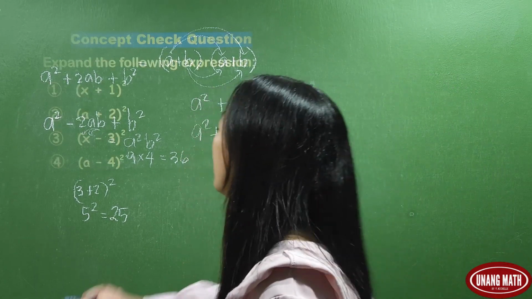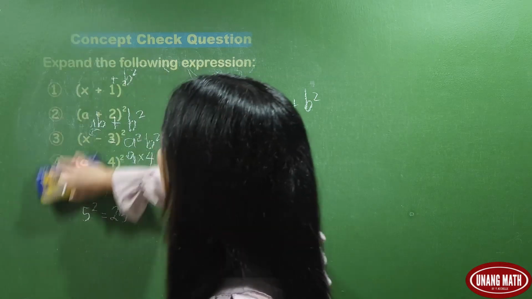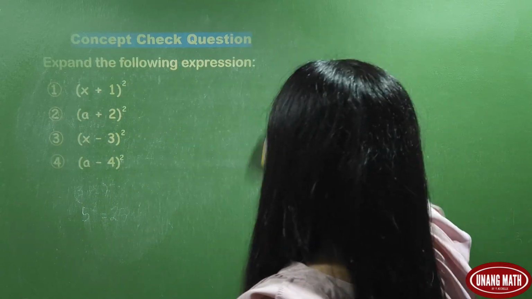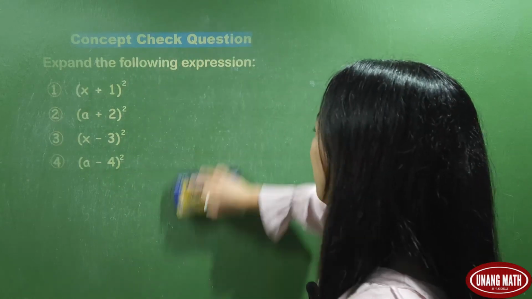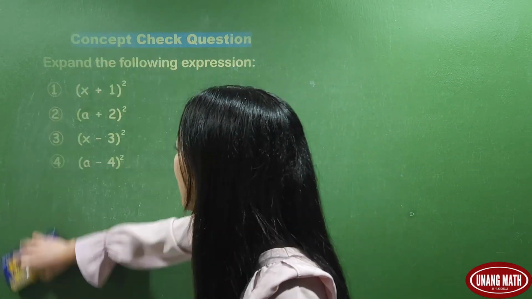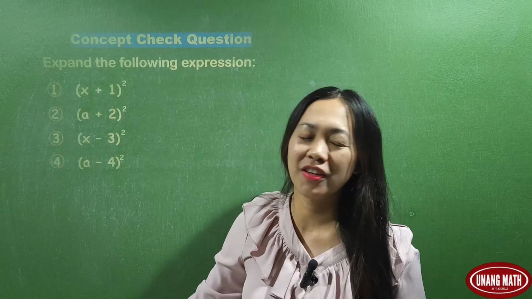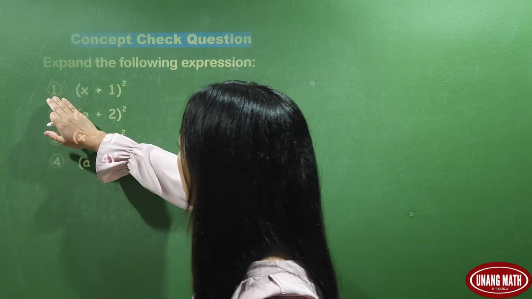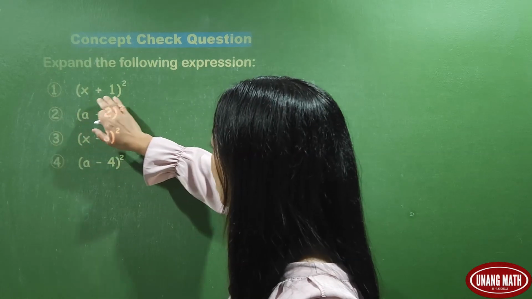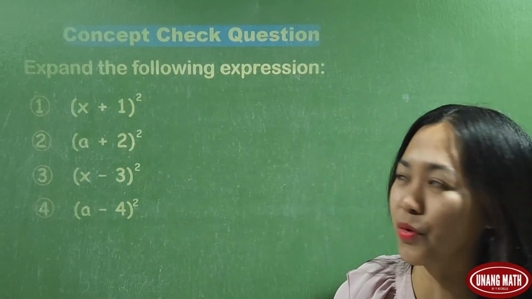This time, let's give more examples by answering this concept check question. So we will expand the following expressions. These expressions are exponential expressions. The first one here is (x + 1) inside the parentheses raised to the power of 2.